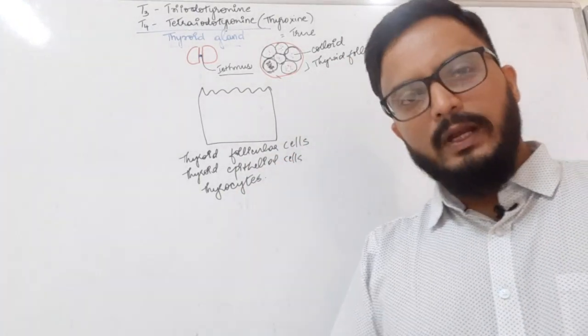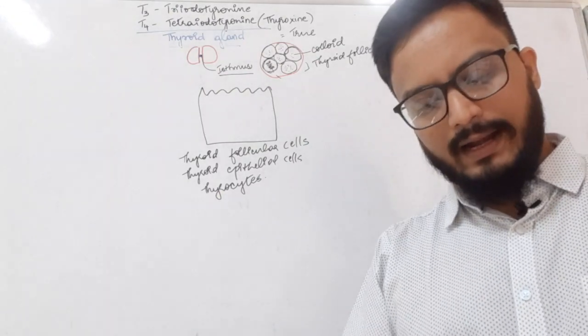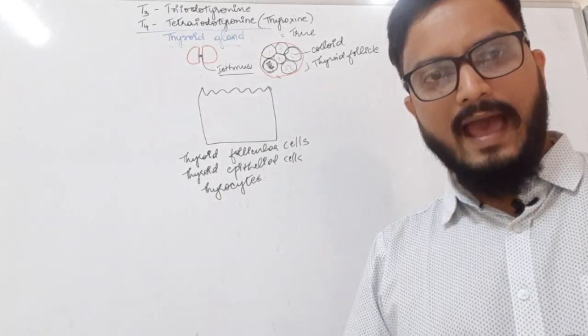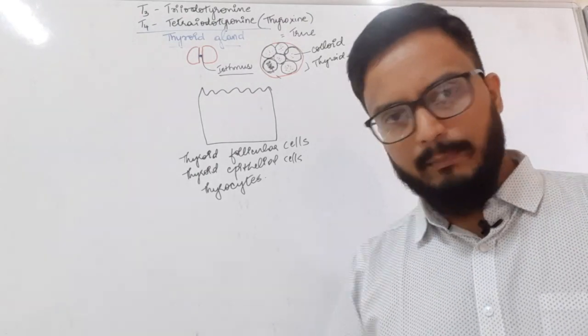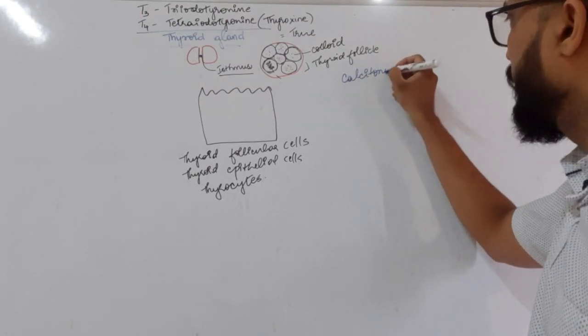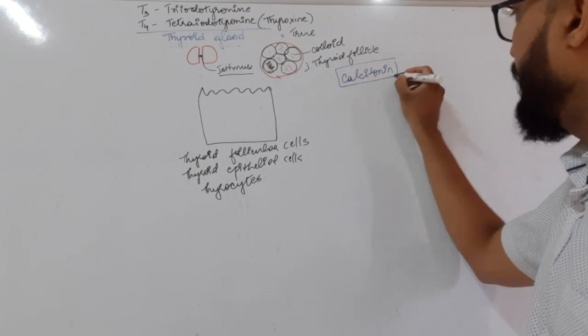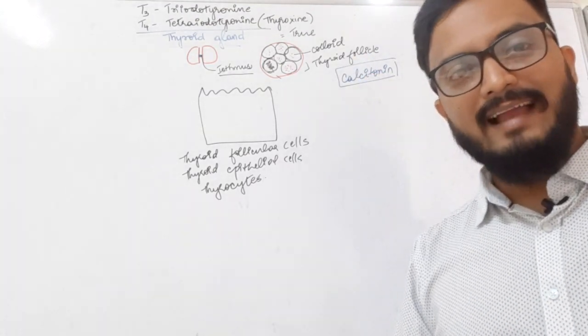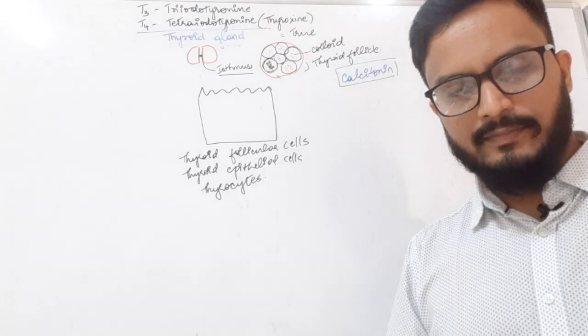It should also be noted that the thyroid gland produces another hormone, a polypeptide referred to as calcitonin, which plays an important role in calcium homeostasis.